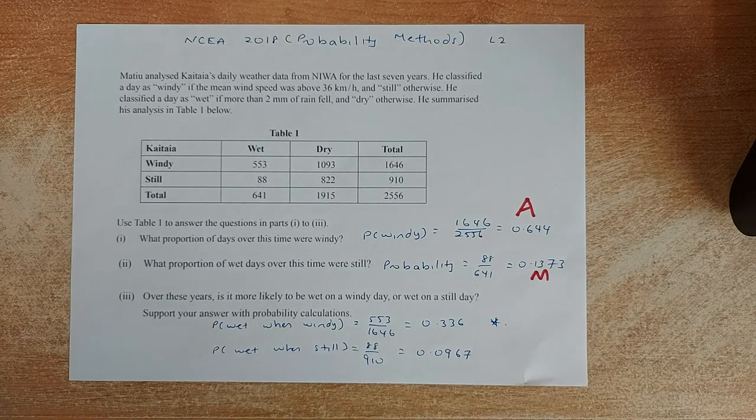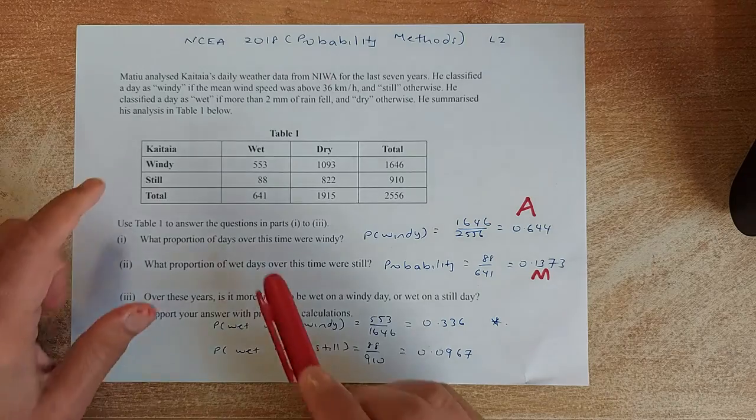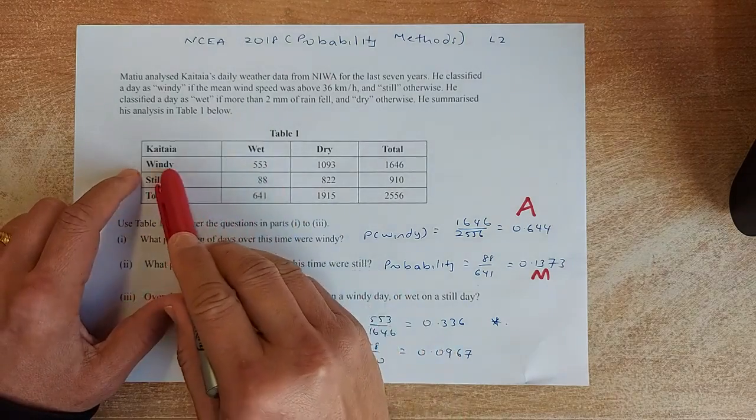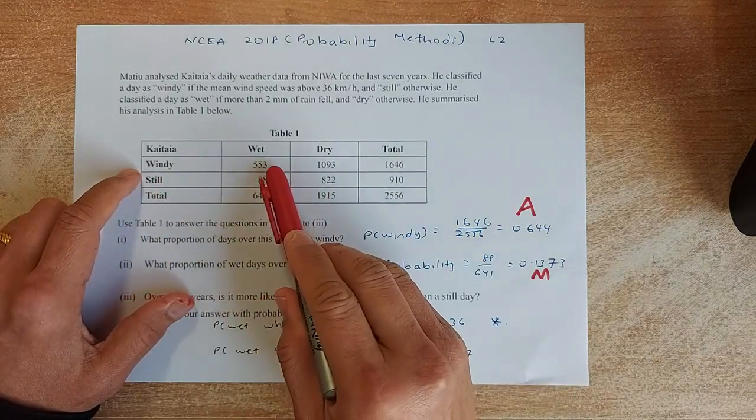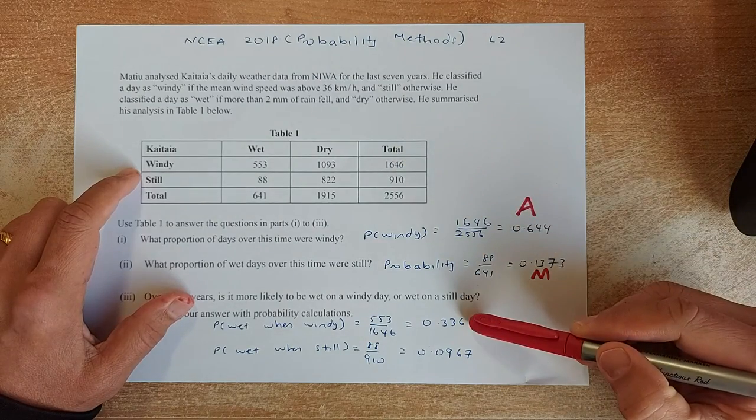Last but not least. Over this year, is it more likely to be wet on a windy day or wet on a still day? So we need to calculate the probability. So probability of wet when windy is 553 over 1646, and that comes to 0.36.